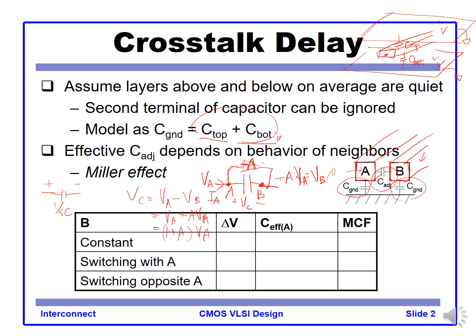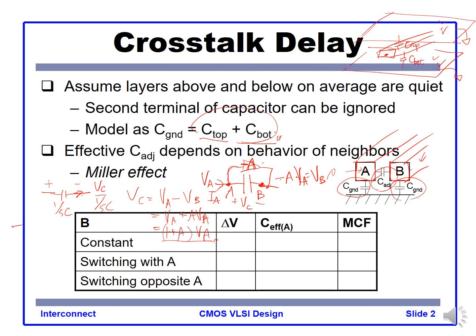So the 1 plus A. So the current, we can calculate the current through the capacitance. Current is voltage over impedance, 1 over SC, right? So VC is shown here.